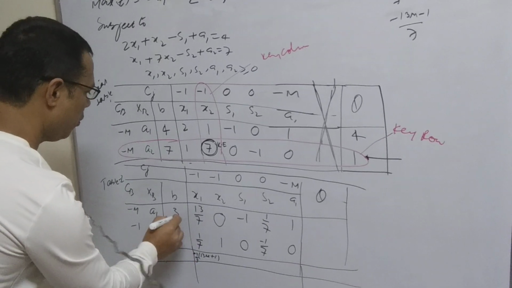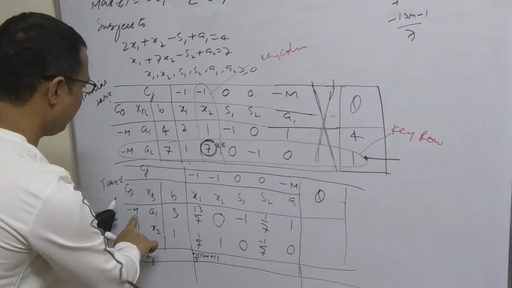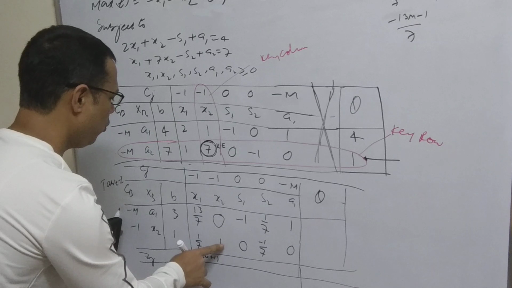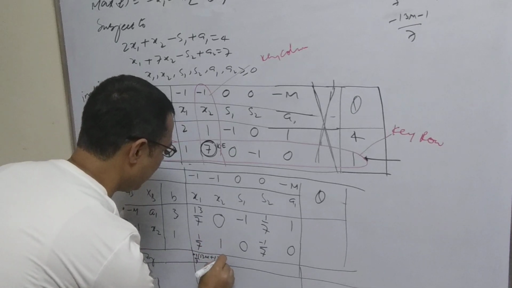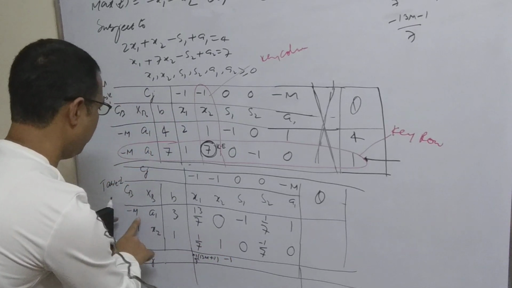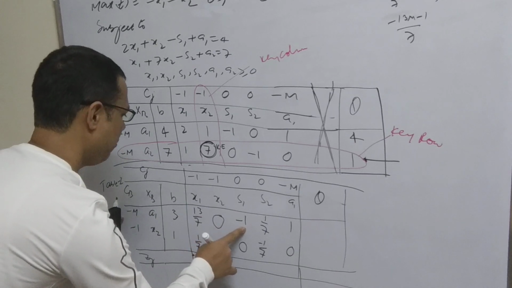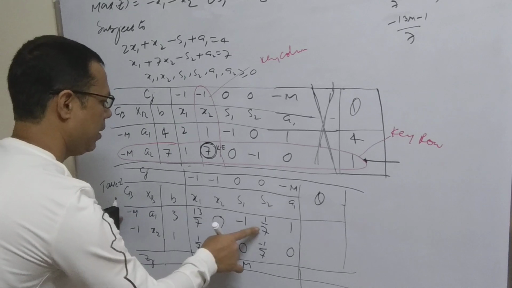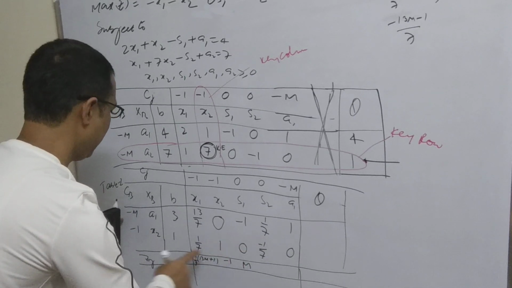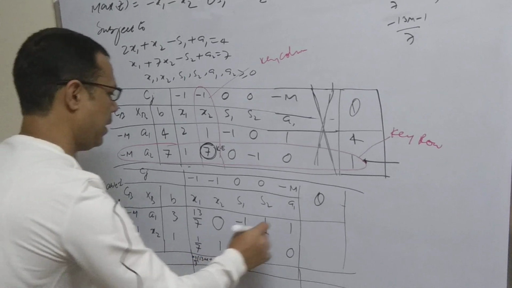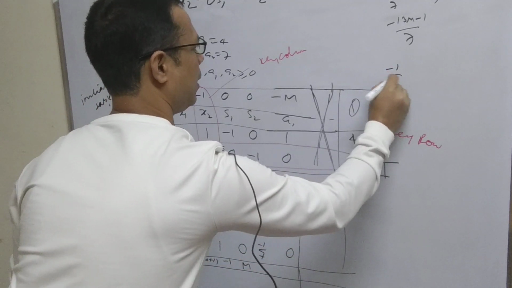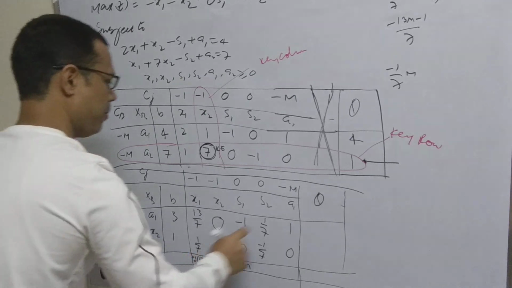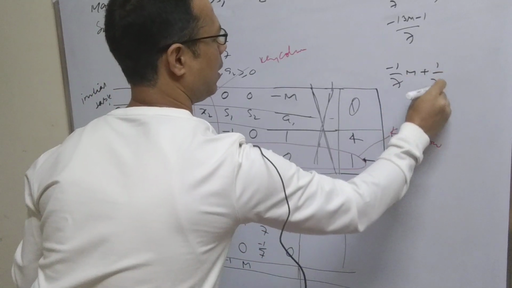So now I am going to multiply this minus m by 0. So this will give you 0, and minus 1 into 1, minus 1. If you add, it will give minus 1. Now minus m into minus 1 is plus m, and this one term is 0, so you need to write plus m. Minus m into minus 1 by 7 gives minus 1 by 7 m, minus 1 by 7 m, minus plus 1 by 7.